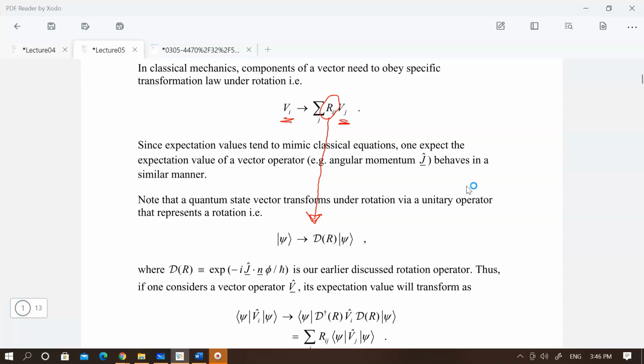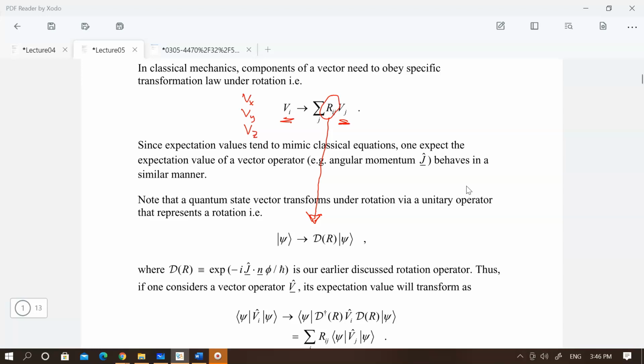This would depend on the set of operators. Here you have to think of, for example, Vx, Vy, Vz. In other words, I should be considering a set of operators that correspond to these kinds of components.